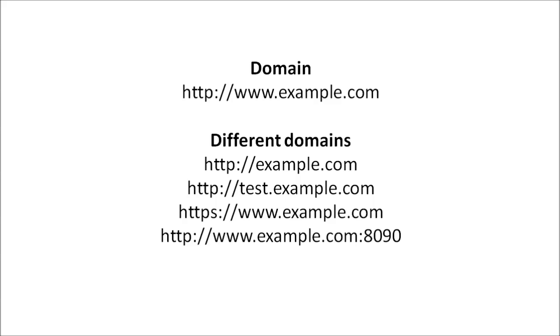If there are any differences, the browser treats this as a different domain. So one common mistake is that, for example, the parent domain is example.com and for the iframe people use www.example.com, and then many features do not work as expected.